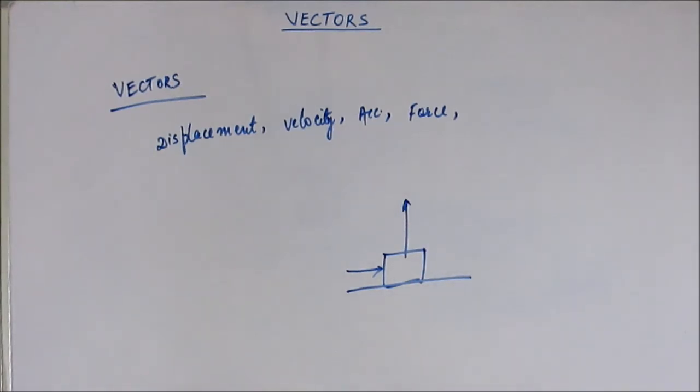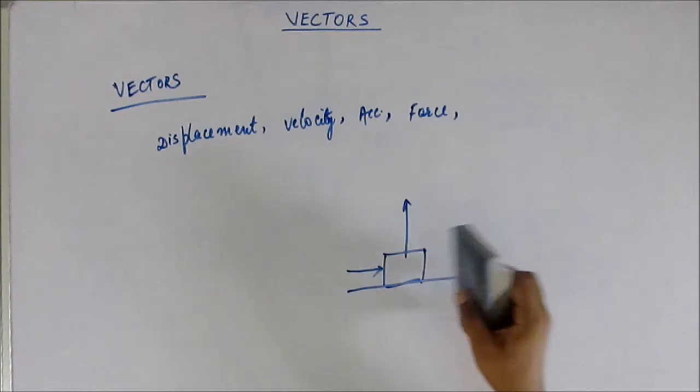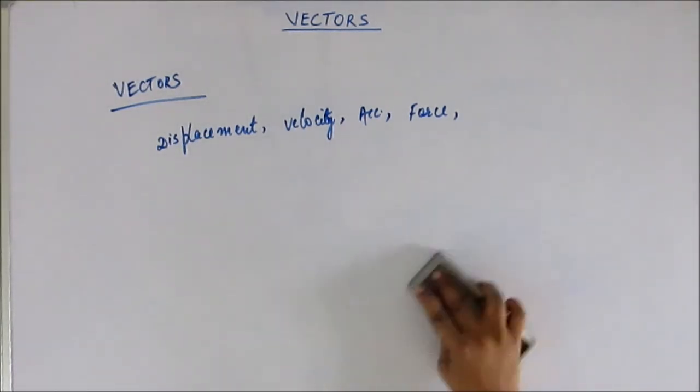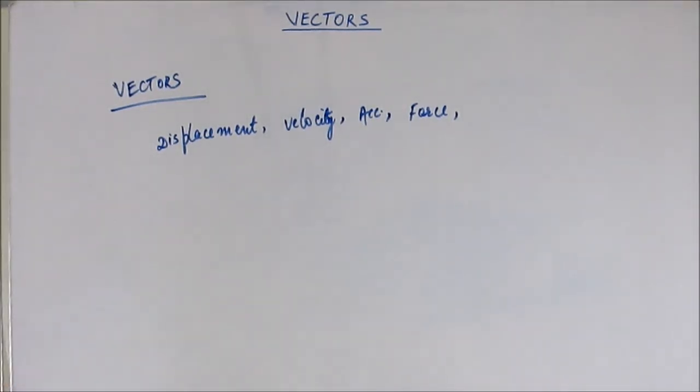Unless you tell in which direction the force is applied, the other quantities like displacement, velocity, and acceleration cannot be told. So it becomes important that we attach direction with force. So force is a vector quantity.